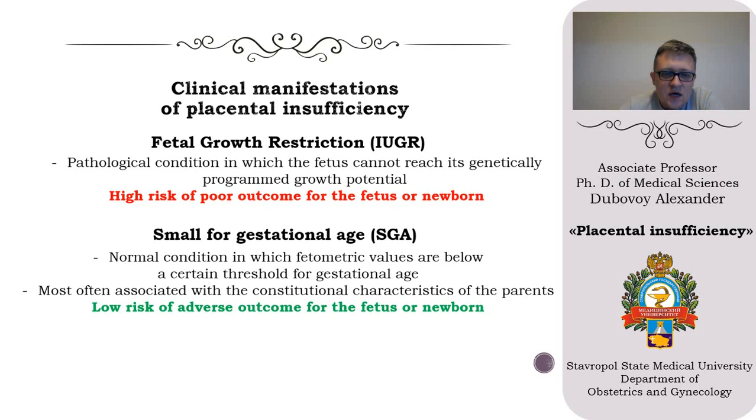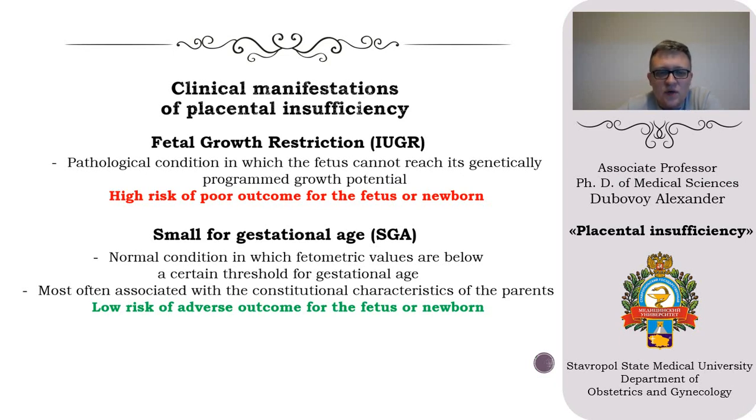Imagine a couple: a woman who weighs 100 kilograms and is 180 centimeters tall, and her husband is about the same size. In a normal pregnancy, we expect the birth of a child without growth restriction weighing more than 3,000 grams.